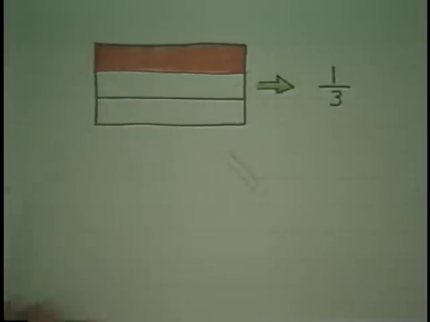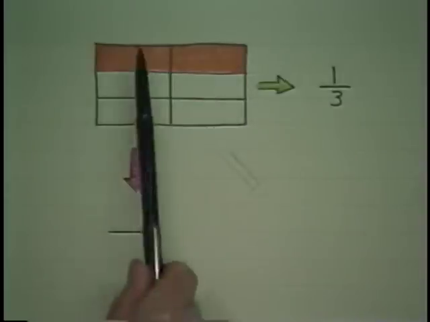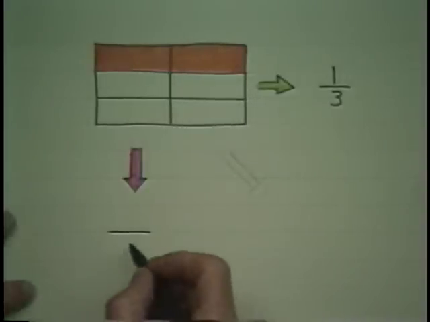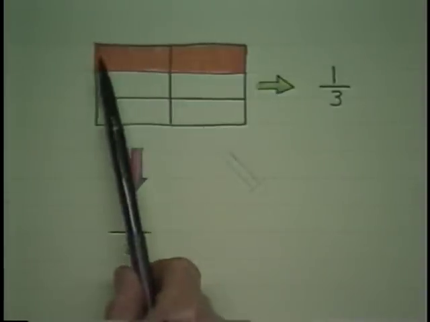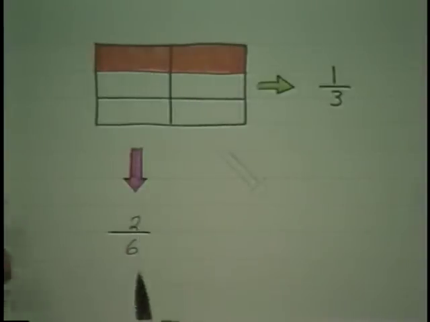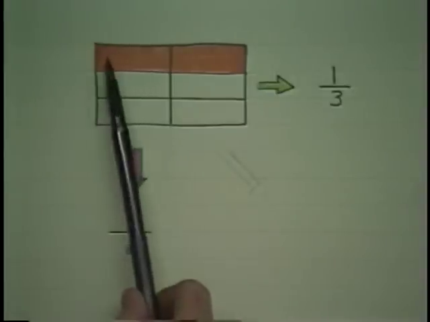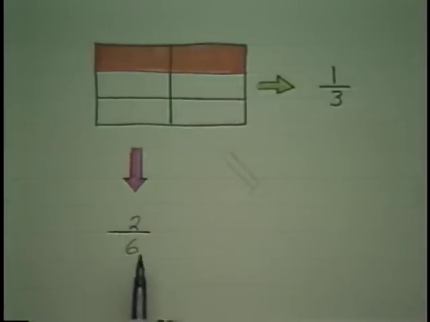But let's divide the whole differently. In this representation, we've divided the whole into 6 parts, and now the shaded portion occupies 2 of those 6. So we could call the same shaded portion 2 out of 6, or 2/6.